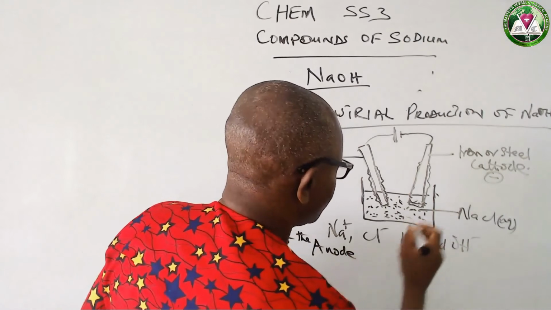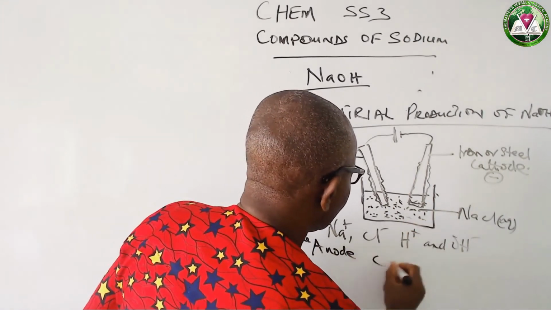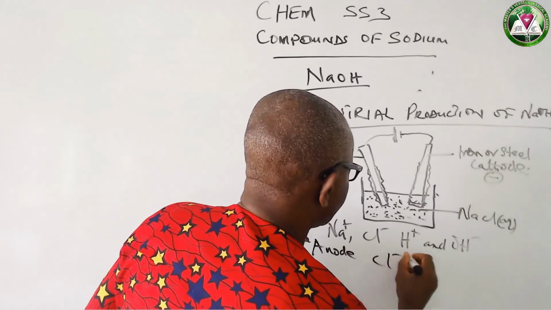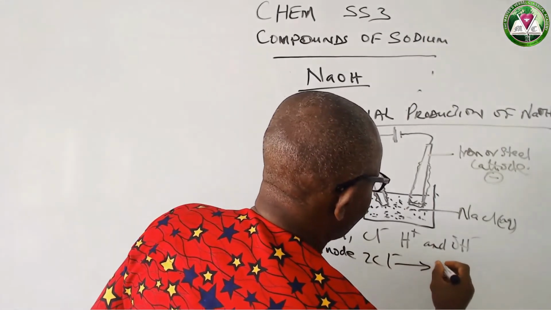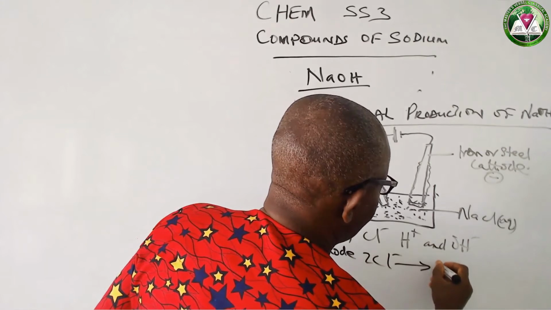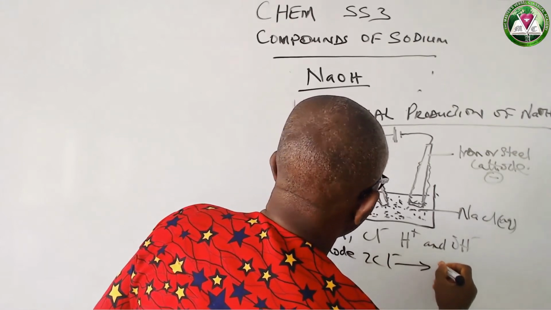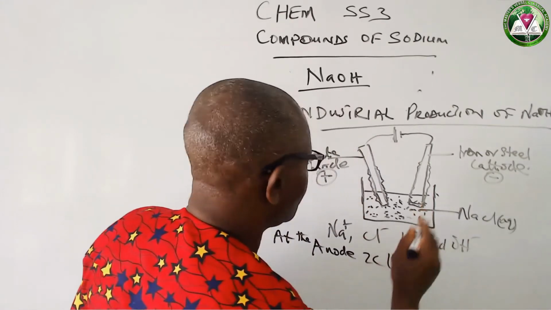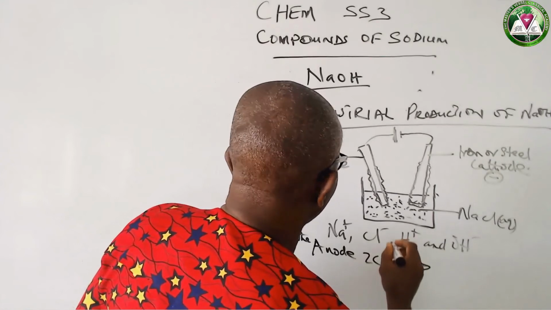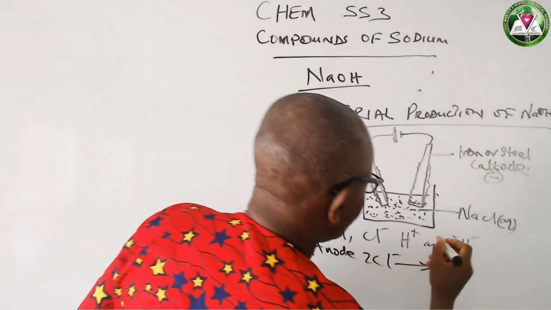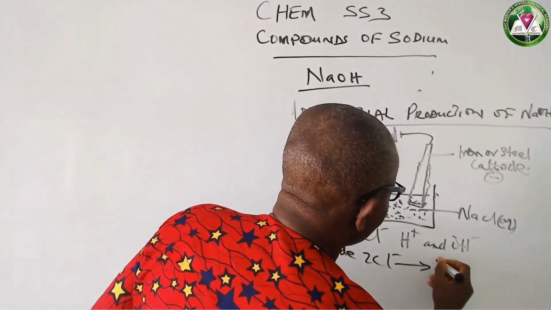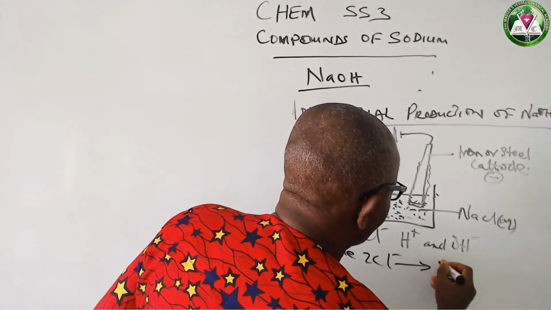At the anode, what goes there is chloride ion. 2 moles of chloride ion will go to the anode because it's at the anode that oxidation occurs. Then when it goes to the anode, it will lose 2 electrons there.